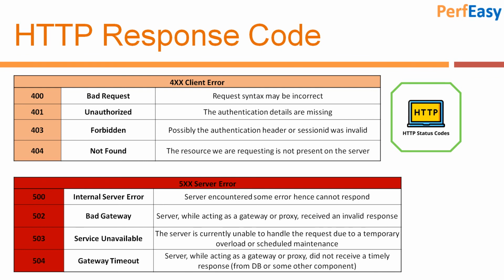The app server waited for the DB or some middleware to complete that activity, but because of slowness on some secondary component, it didn't get the response in a timely manner. So the error will be gateway timeout. My backend servers are not able to process the request and they are timing out. This is the meaning of gateway timeout.